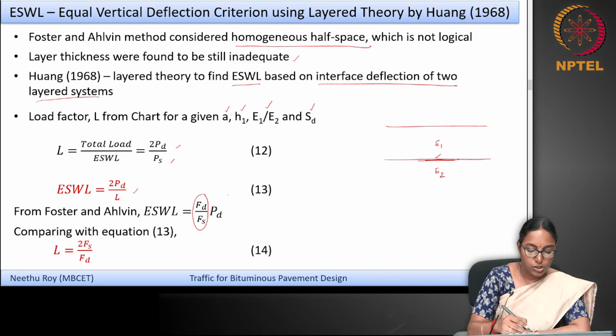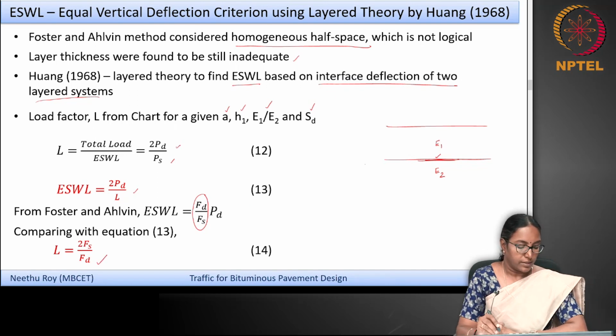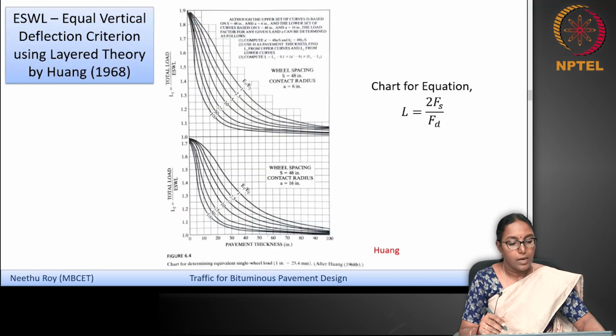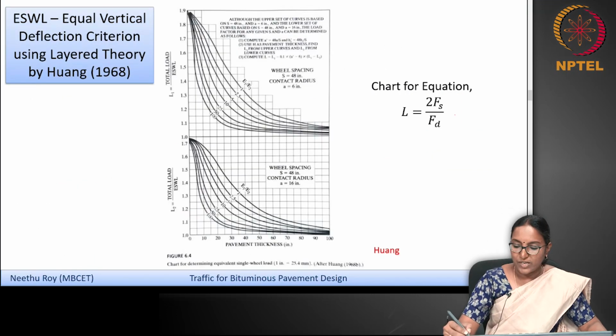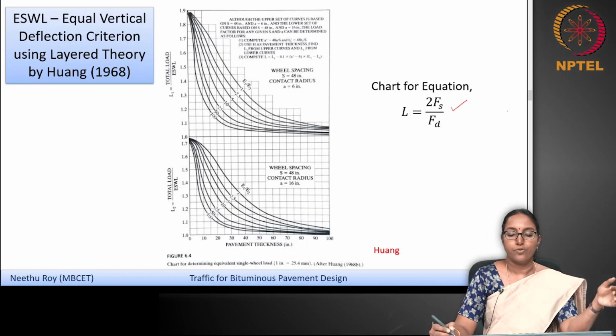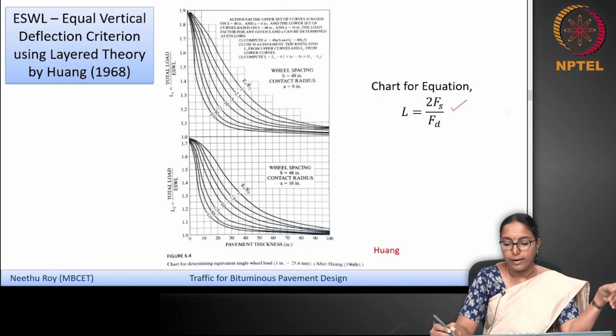Now, comparing these two approaches, we see that the load factor can be written as twice the Fs, the deflection factor due to the single wheel, divided by the deflection factor due to the dual wheel. Now, for this expression, L is equal to 2Fs by Fd, either you can use the same charts to find the deflection factors and then use this, but this may be very cumbersome.